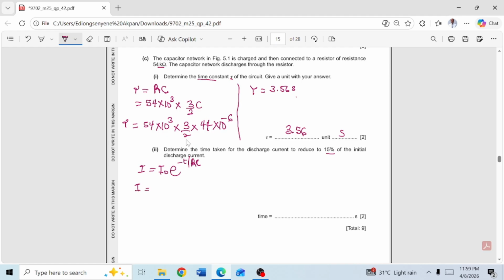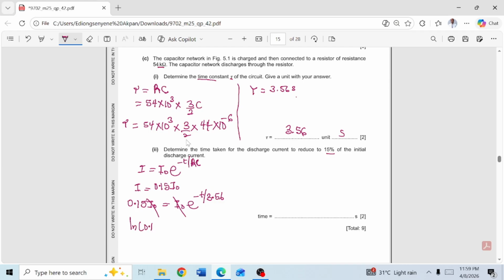However, I is reduced to 15% of I naught, 0.15 I naught. 0.15 I naught equal to I naught exponent minus T. Now for RC, we cut the time constant as 3.56. Let's cancel this.